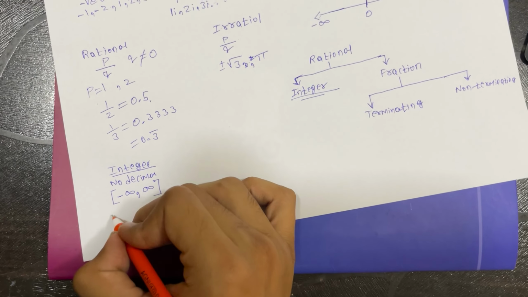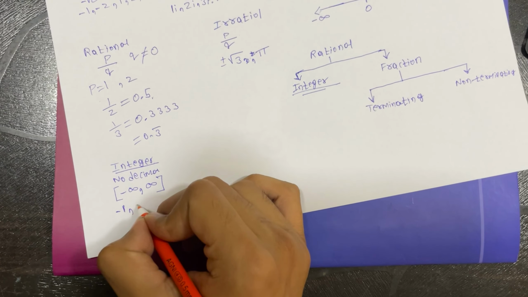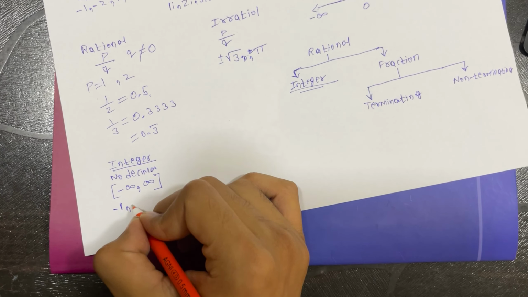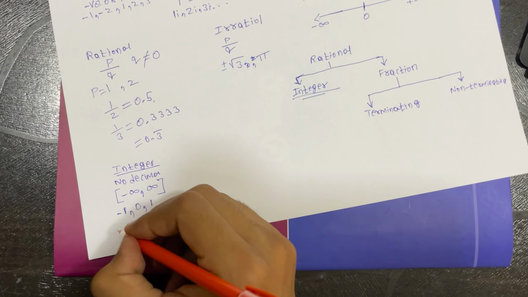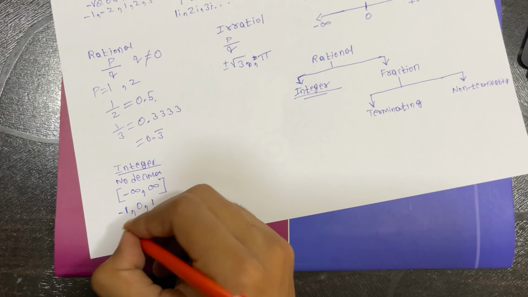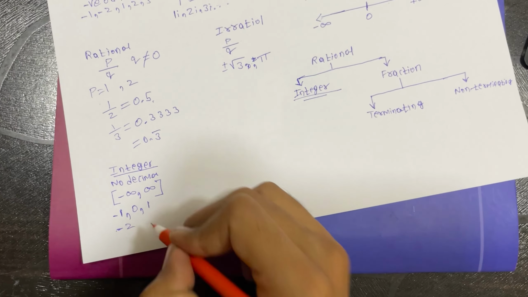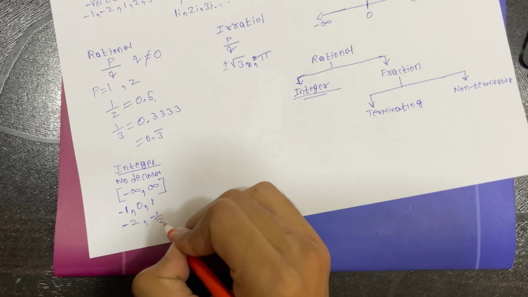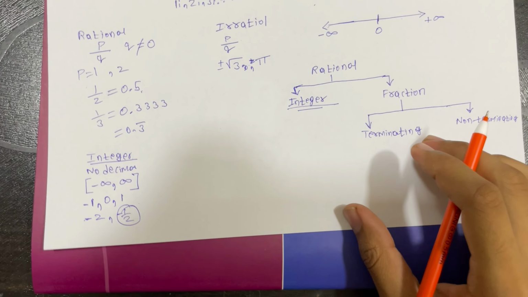Let's consider -1, yes it is an integer, then 0, yes it is an integer, 1, yes it is an integer. We can write it from minus infinity to infinity. So -2 is also an integer, but -1/2 is not an integer. It is a fraction. We will learn this further.